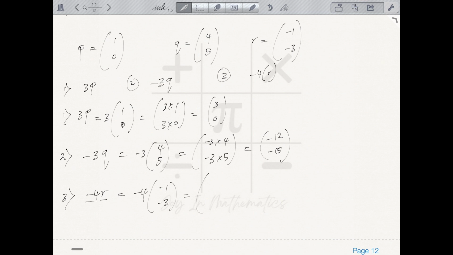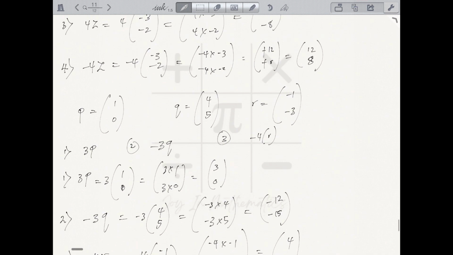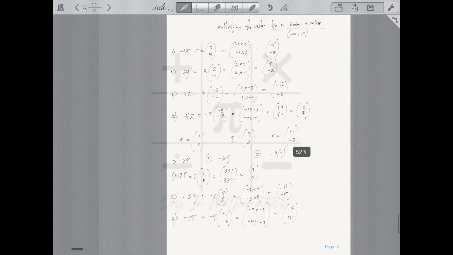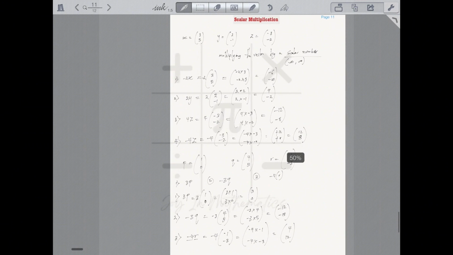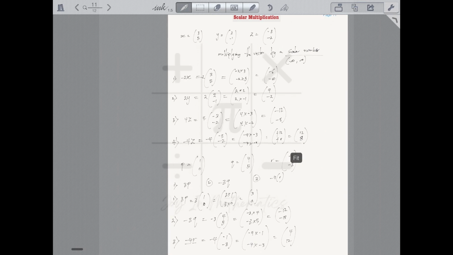We multiply each term to give us minus 4 multiplied by minus 1, and the y component results in minus 4 multiplied by minus 3. This gives us 4 and 12. Now we can see how scalar multiplication is done. We multiply a vector by a scalar number, and the scalar number can range from minus infinity to infinity.